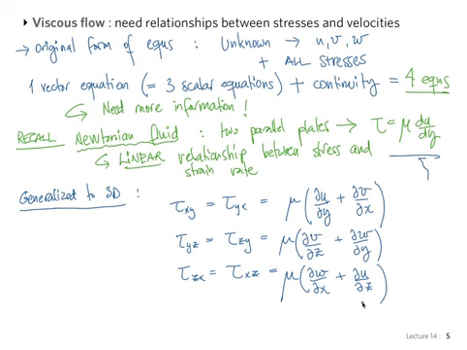For a Newtonian fluid, the normal stresses: sigma xx is actually going to have a contribution from the pressure and also a contribution from the viscosity in the direction of compression, basically du dx.